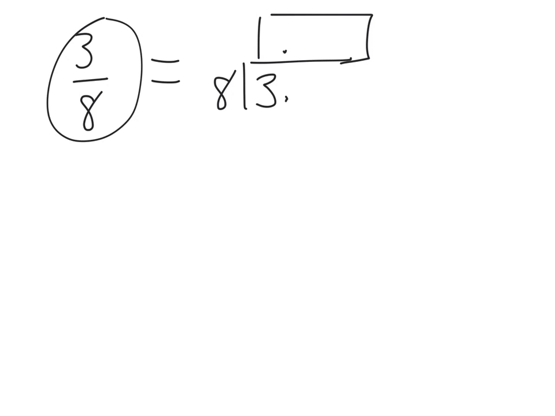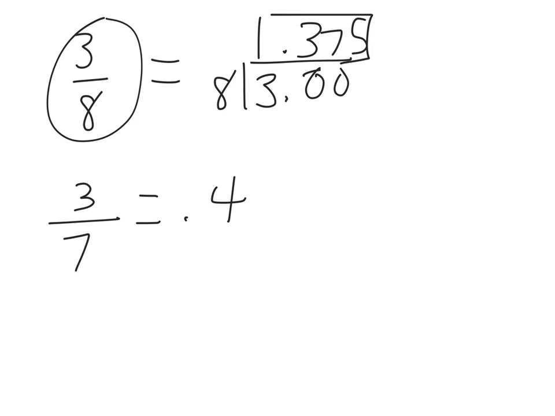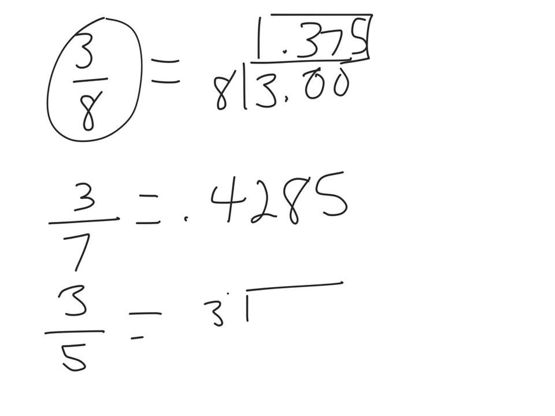In this case, it turns out to be 3.75. And we can turn 3/7, which was another one of that, and divide it out using the same method, and we're going to get something like 4.285. We can do the next fraction, which is 5 to 3.